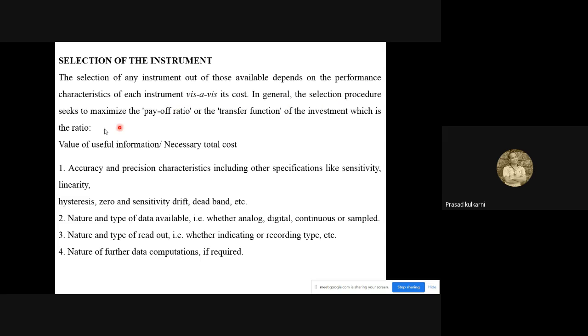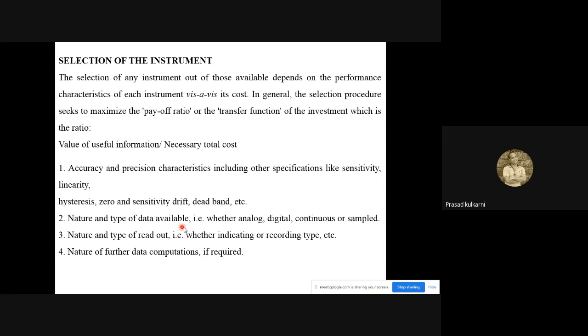In general, the selection procedure seeks to maximize the payoff ratio or transfer function of the investment, which is the ratio of the value of useful information to the total cost. The accuracy and precision characteristics, including other specifications like sensitivity and linearity, then hysteresis, zero and sensitivity drift, and deadband, these parameters you have to take into consideration while selecting the instrument.